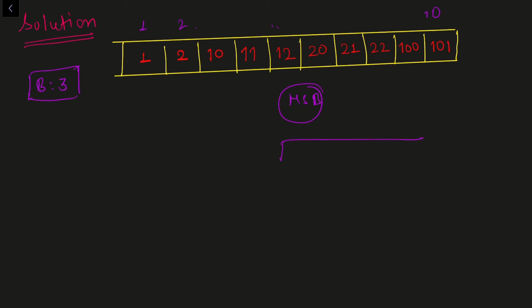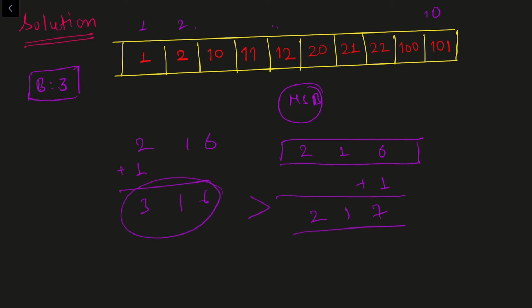Let's say we are given some number here, 2, 1 and 6. Now if I add 1 here, then I'll get 217. But if in the same number I add 1 here, I'll get 316, which is way bigger than 217. So basically the whole concept is, first we'll try to maximize the most significant bit, and then we'll move on to maximize the second most significant bit, and in this manner we'll go from left to right.